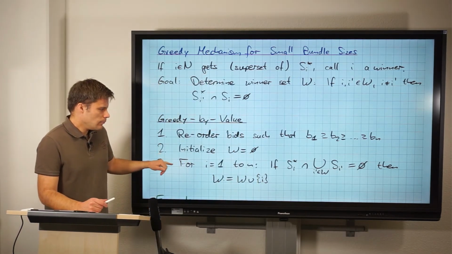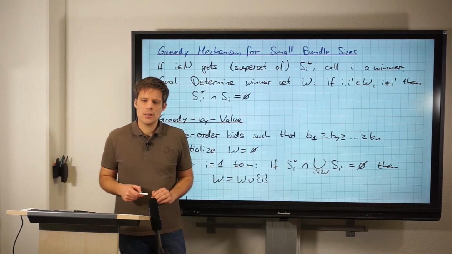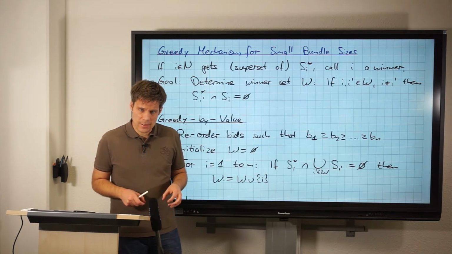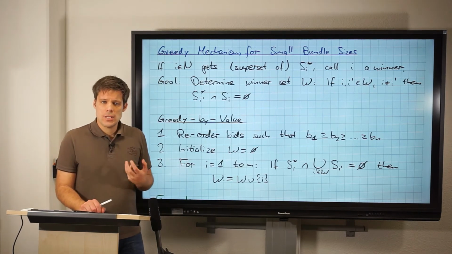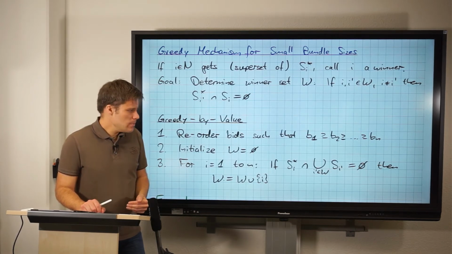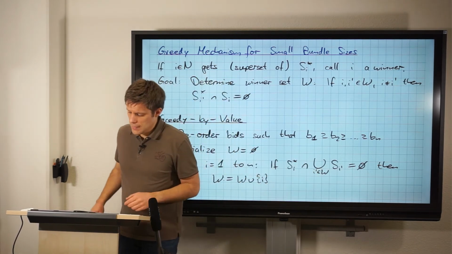And what does this mean for this condition here? The set of winners that have already been selected when this while loop is coming to ask you will only be smaller, which means it is just easier that all of your items are still available.